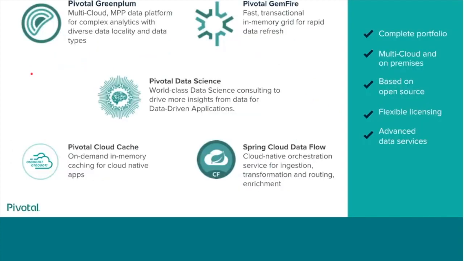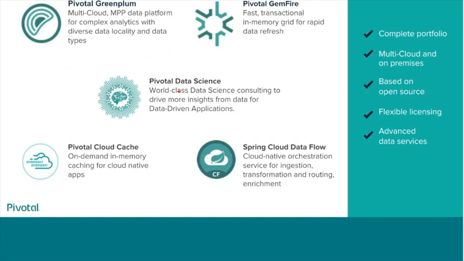So to wrap it up, final slide. As you have seen, Pivotal data products have great depth in what you can do with them: Greenplum, GemFire, Spring Cloud Data Flow, Cloud Cache, and the data science team that we have in-house.